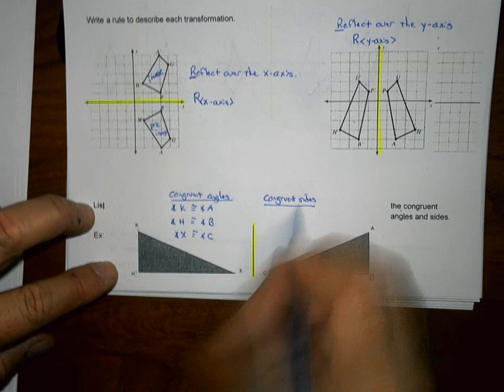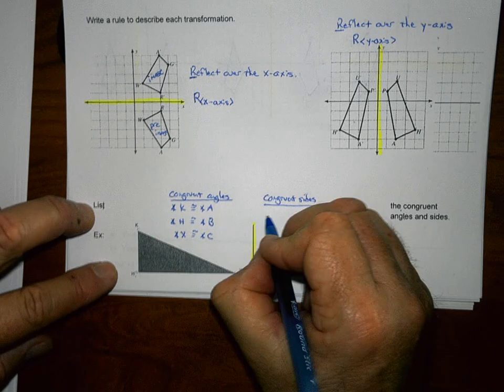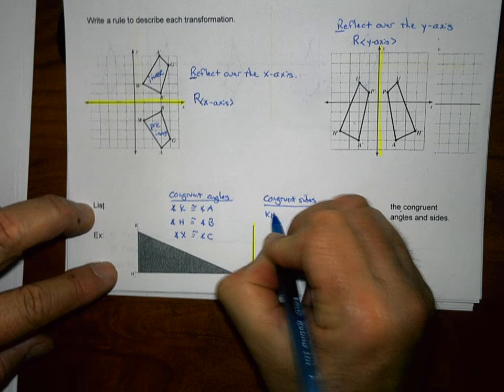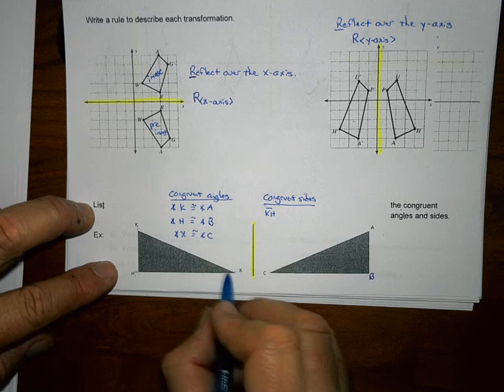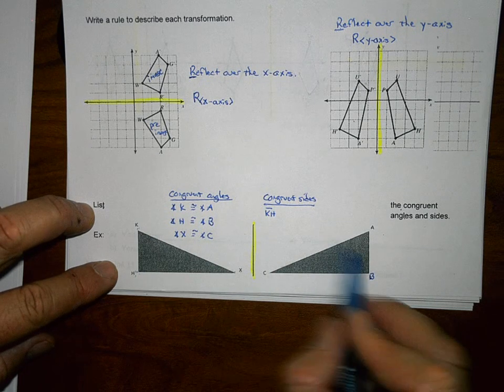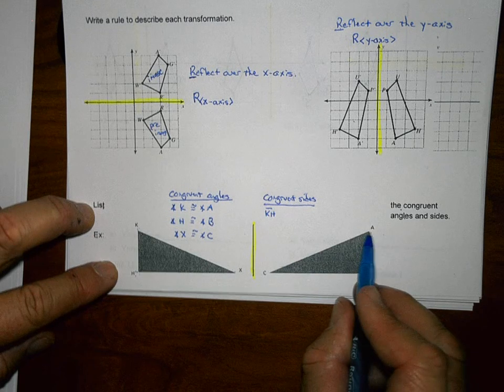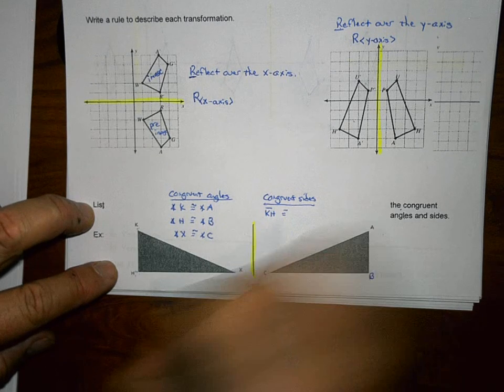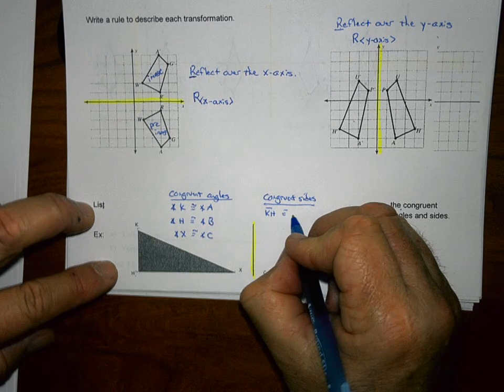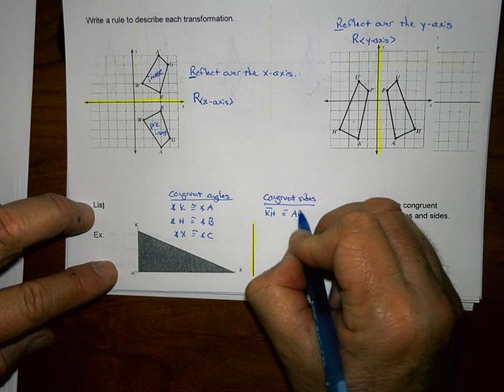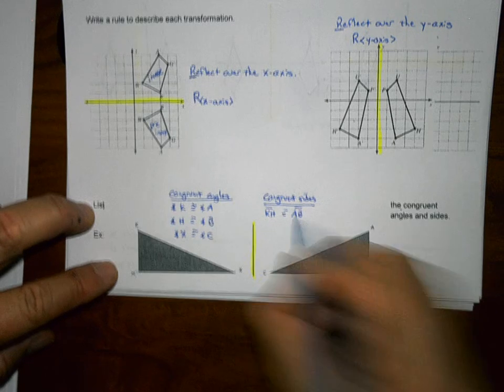So how about side KH? So if when I reflect this triangle on top of that triangle, what would K land on top of? K would land on top of A, and H would land on top of B. So that means side KH is going to be congruent to side AB. Okay?